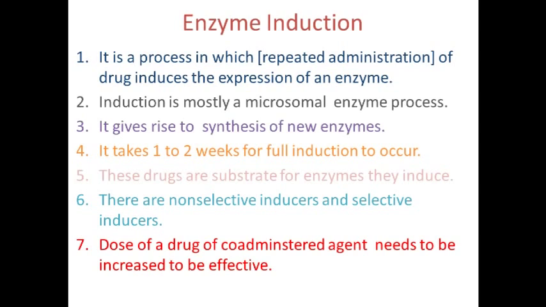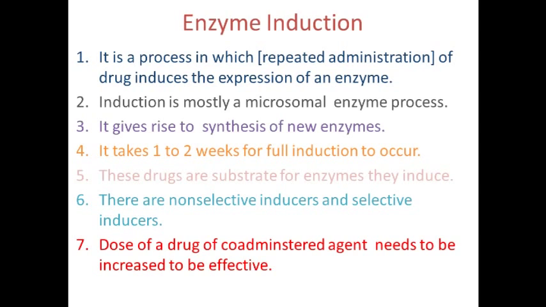Now that's very important for the induction process. These drugs are substrates for enzymes. A particular drug is getting metabolized by a particular cytochrome P450, right? We have types of P450.